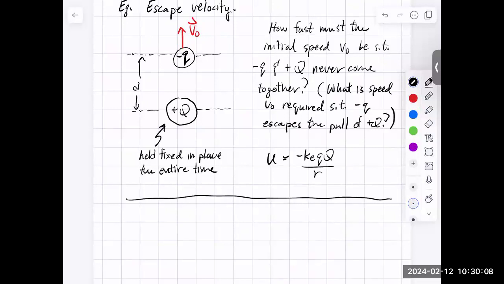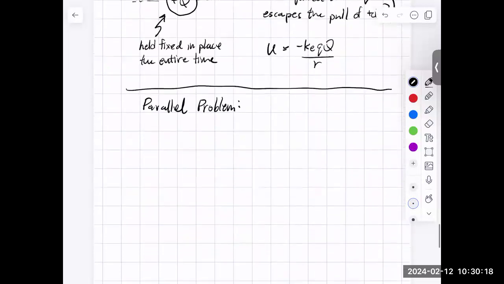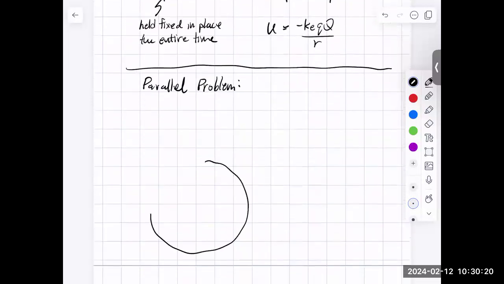Okay, so here's the parallel problem. We're going to have the surface of the Earth here. So this is Earth. And here's the center. This thing has a radius, capital R, the radius of the Earth.